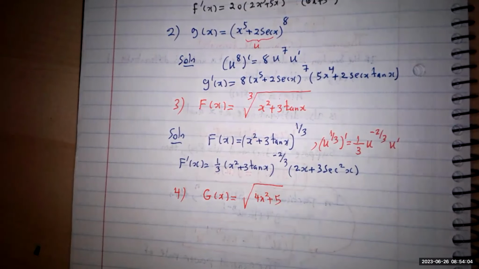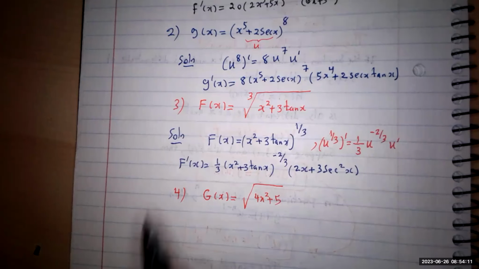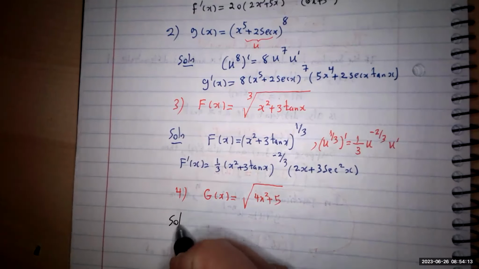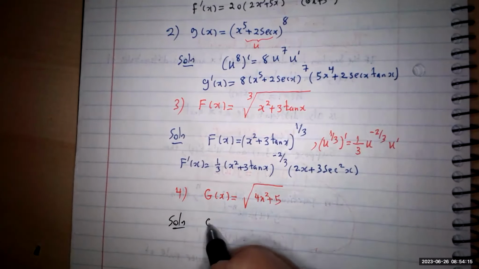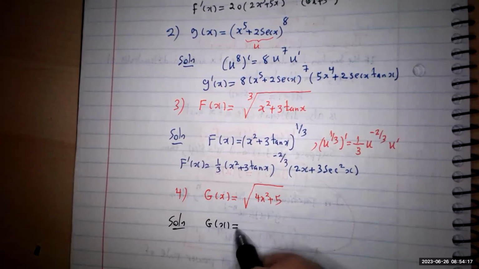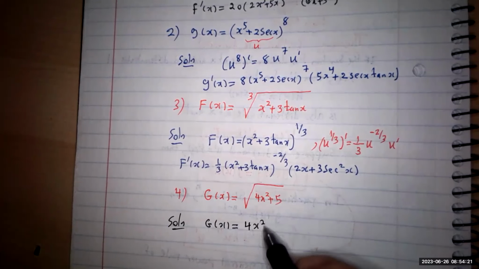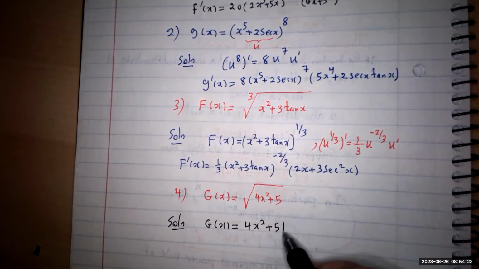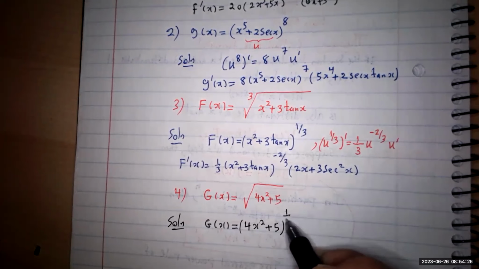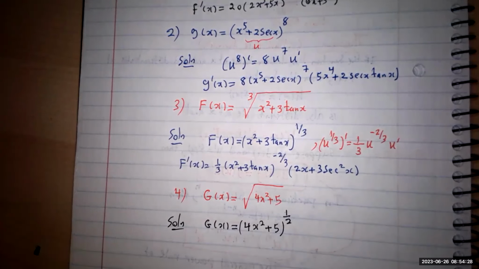Again, it's a radical function. We have to switch it, so we rewrite it first. Solution: g of x equals, if you switch, 4x squared plus 5, everything to the half because of the square root. So it's a u to the 1/2.